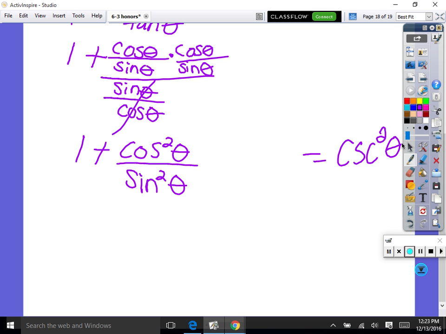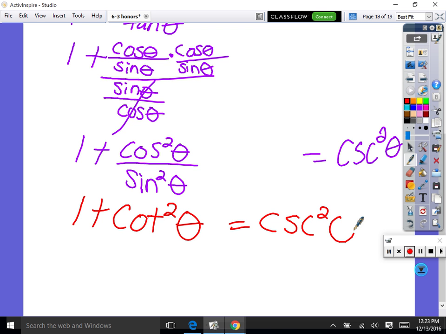Just because we don't get it right off doesn't mean we should stop. I already did this one, but I don't want to look at my work, so I'm looking at my trig identities, not my work. Isn't this the same thing as 1 plus, what? Cotangent squared theta, which is a trig identity, which is cosecant squared theta, and we've arrived.